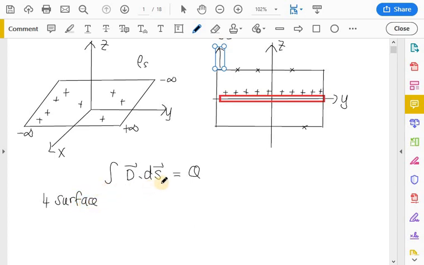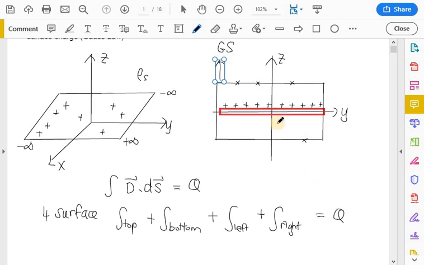For this mathematical part, you have to find the integration from the top plus the bottom, and plus the sides, the left side and the right side. Then only we can get the total Q.